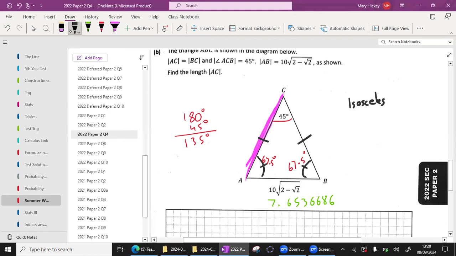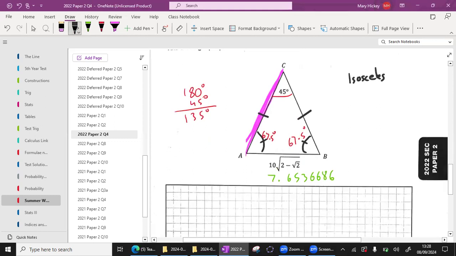Now, the minute I'm looking for a length of side or angle, I ask myself, is it right angled or not? This is not a right angle triangle, so it has to be the sine rule or the cosine rule. What I normally do is I start by hoping it's the sine rule, and then if that doesn't work, I revert back to cosine. So let's try the sine rule.